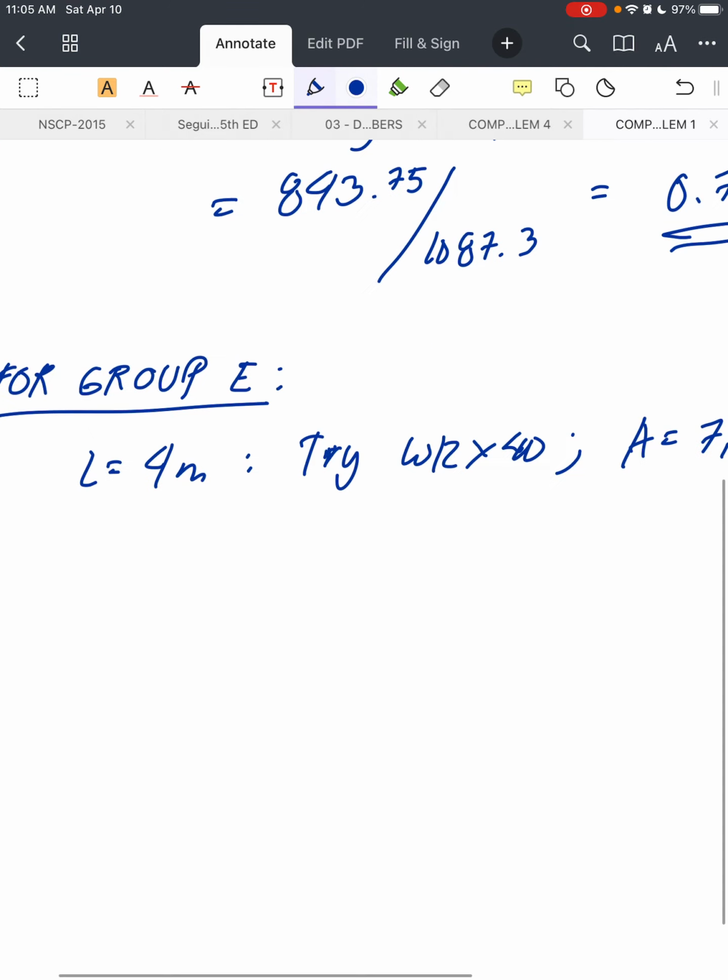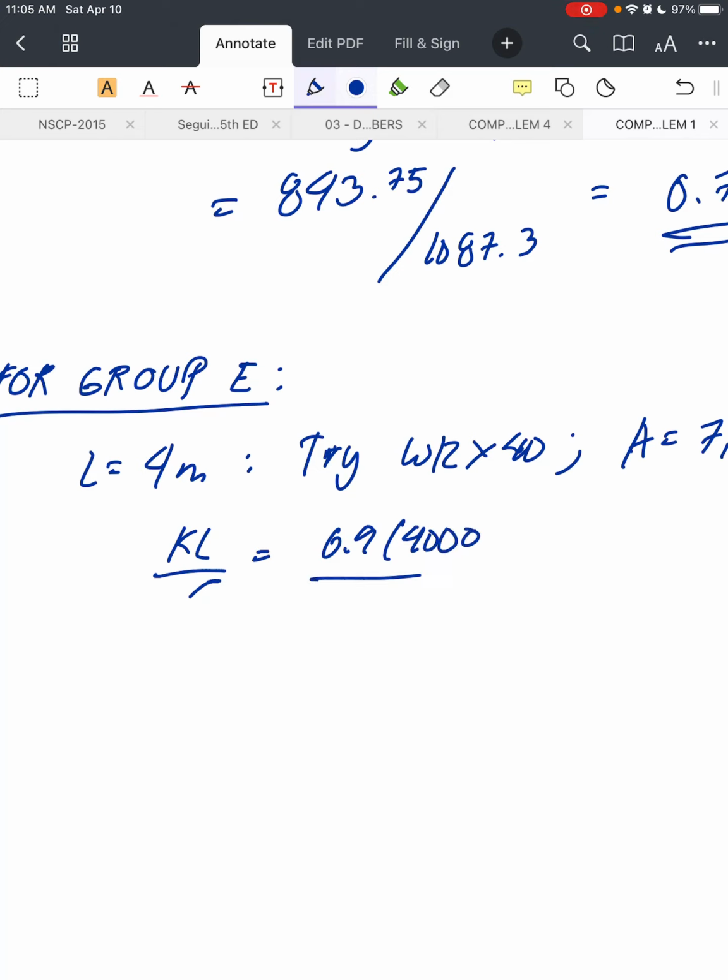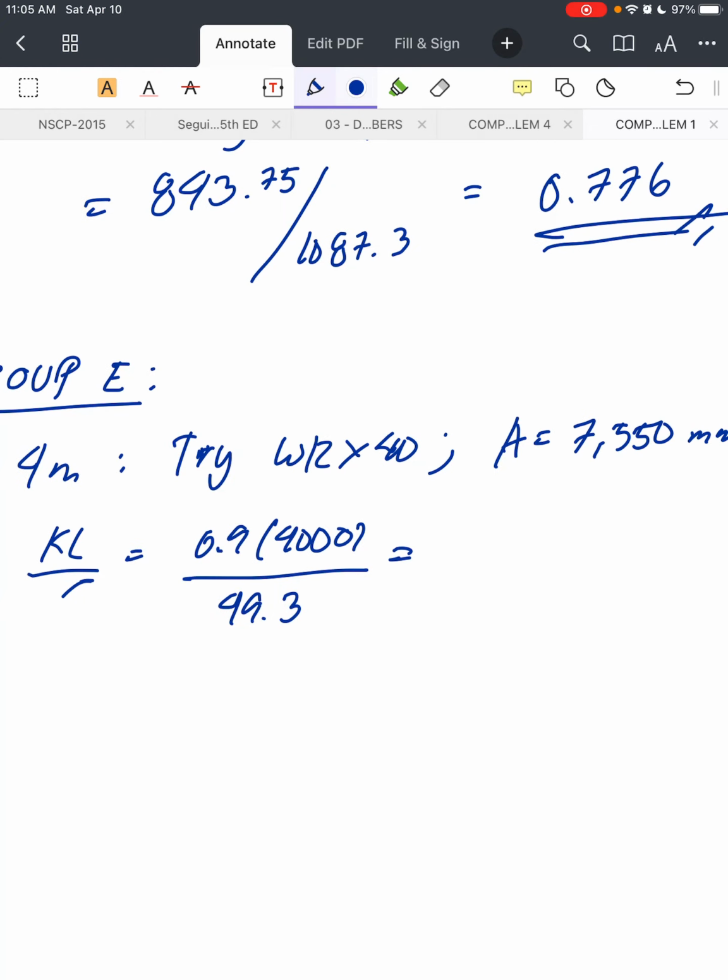So let's compute the KL over r. KL over r is 0.9 times 4,000 over 49.3. So we have here 73.022.